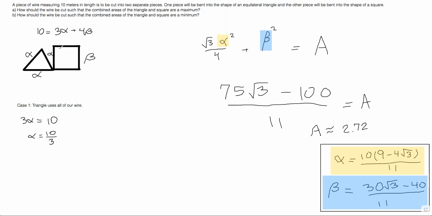Now we want to find out theoretically what the area of the triangle would be if we have a value for alpha of 10/3. So we want to go back to our special right triangle. So this is 10/3, which means this one at the bottom has to be 10/6.